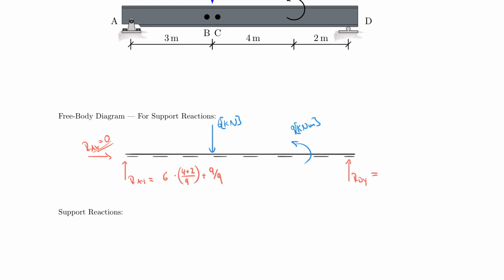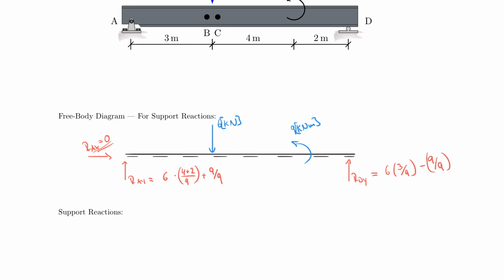Of course, the other one has to be complementary, so we're looking at 6 multiplied by 3 divided by 9 minus, because I have to pull down here to keep the rotation from rotating counterclockwise. So minus 9 divided by 9.